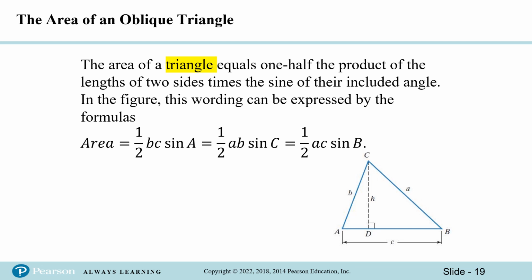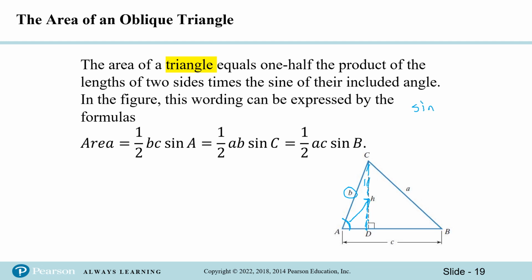So if we use this angle right here, we have this imaginary right triangle, then the sine of that angle is equal to the opposite over the hypotenuse.